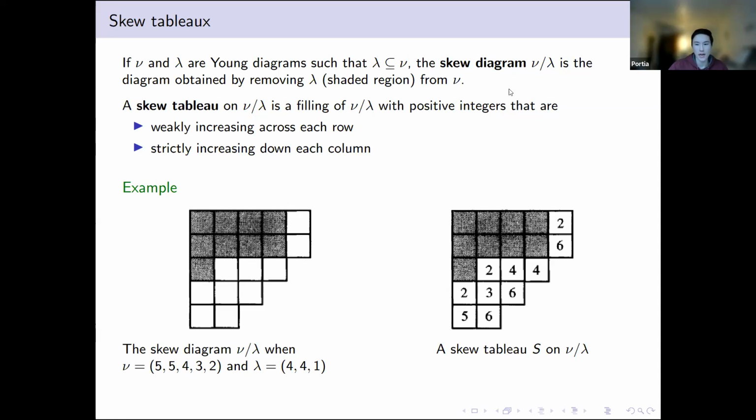The skew diagram is denoted nu mod lambda, and that's what you get when you remove lambda, and we show the removed part as shaded. A skew tableau on that shape is just filling it with integers that satisfy the same conditions as the regular tableau: weakly increasing across each row and strictly increasing down columns. Okay, so there's an example.